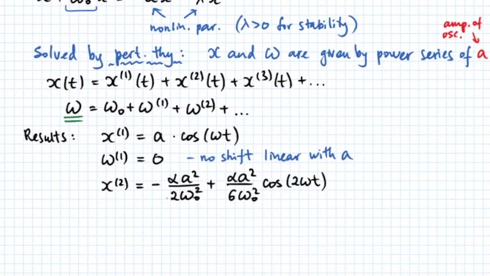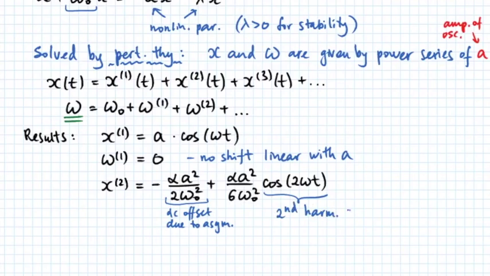A couple of things worth mentioning. We see that the asymmetric potential generates a DC offset. And we also see that this term predicts oscillations will have a second harmonic. This is an example of second harmonic generation.